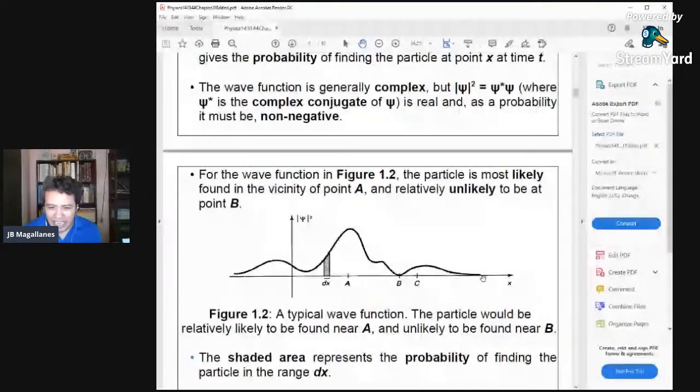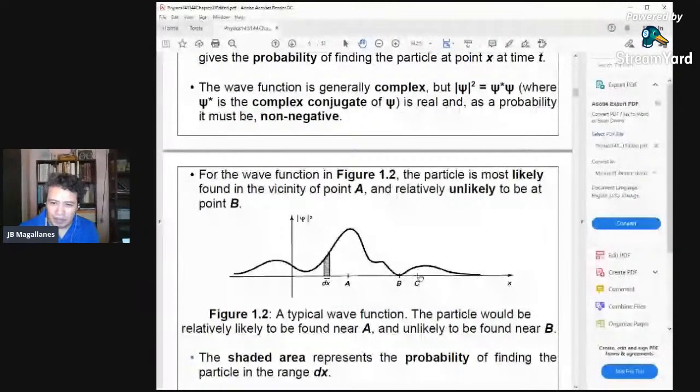So at some point A, it has to be here, and at some point B, here, and at some point C in this area. So the particle is most likely to be found at this point A, and zero probability to be found in B or at this point.